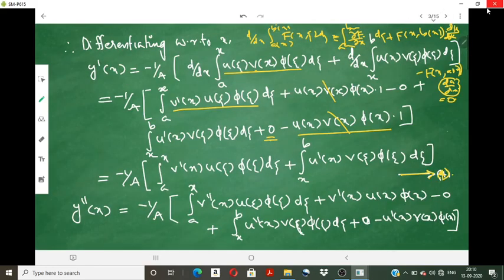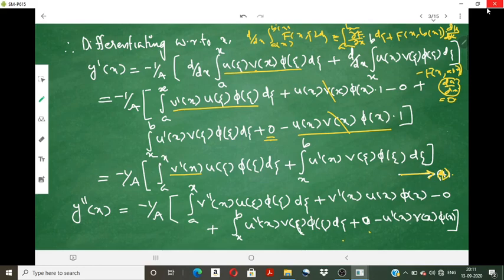we will get, again by the Leibniz rule, in the first integral v dash of x, its derivative will be v double dash of x u of theta phi theta d theta plus v dash of x u of x phi of x minus 0, plus integral x to b u double dash of x v of theta phi theta d theta, plus second term will be 0 and third term is minus u dash of x into v of x phi of x.